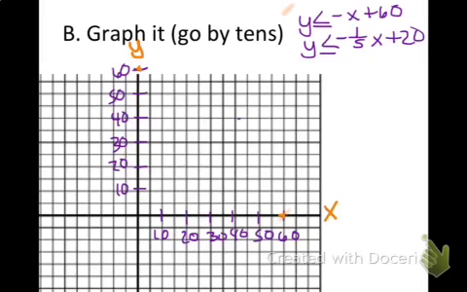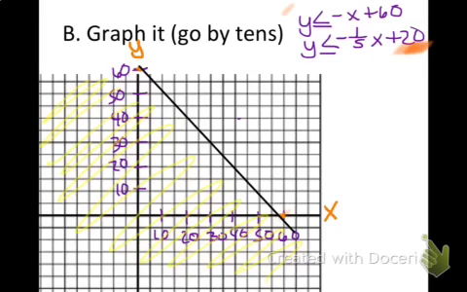So my graph would look somewhat like this. Okay. So if you look at it, my y is less than, so I'm going to be shading underneath this line. And it is solid because it's or equal to. Now I'm going to graph the second one.